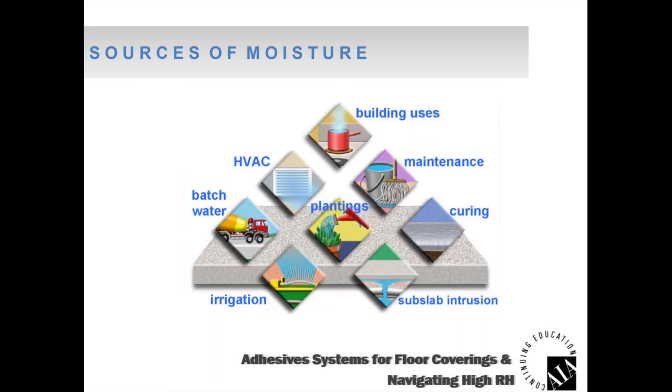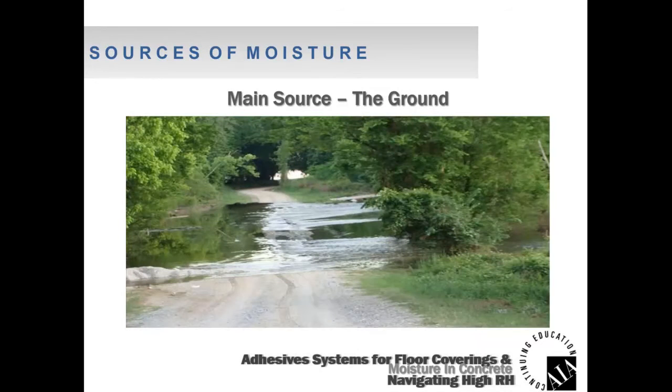So many different sources of moisture. The biggest one we see out there is the ground. Especially in a renovation standpoint for a slab on ground or below grade. If you don't have a vapor retarder, then ground moisture will migrate up into the concrete and affect the performance of the finished floor covering.